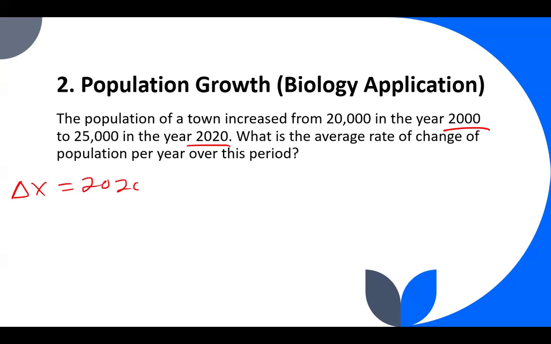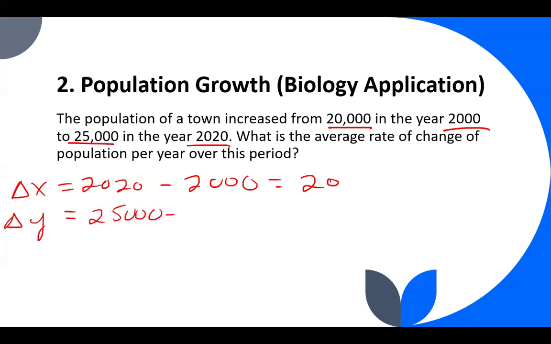So 2020 minus 2000 equals 20. My dependent change would depend on what? The population. So we have 25,000 minus 20,000, and that gives me 5,000.